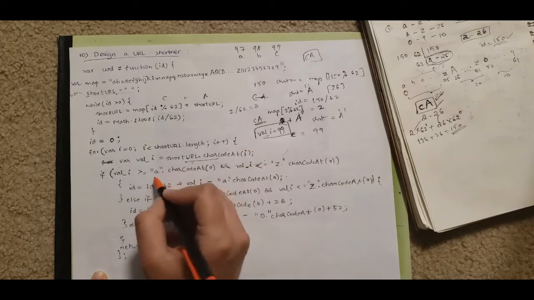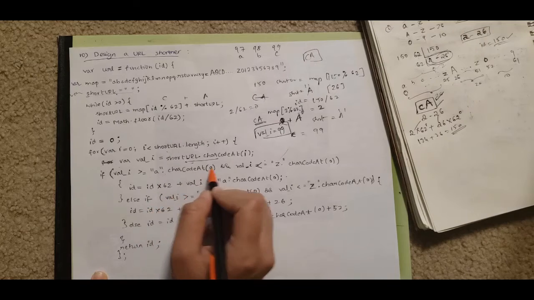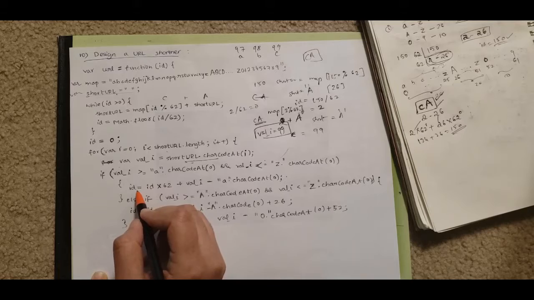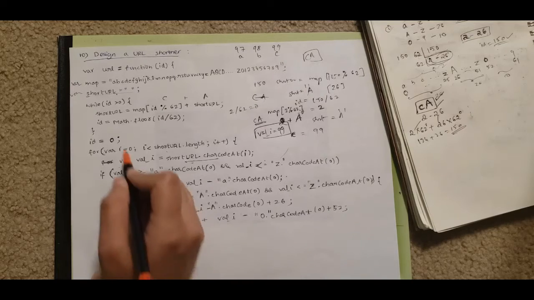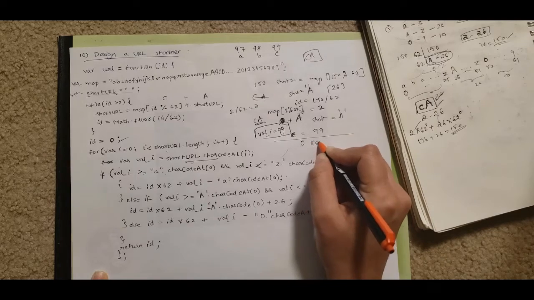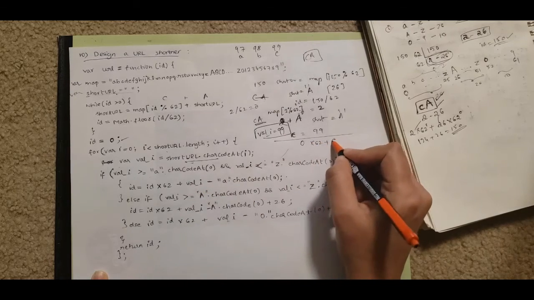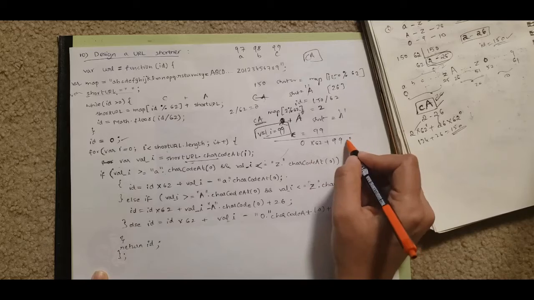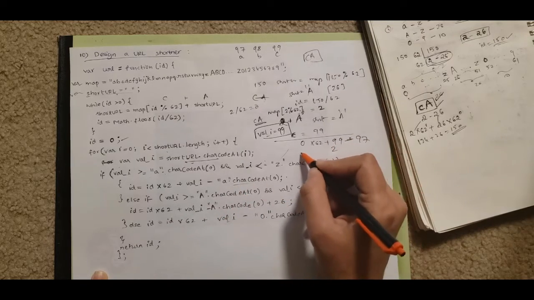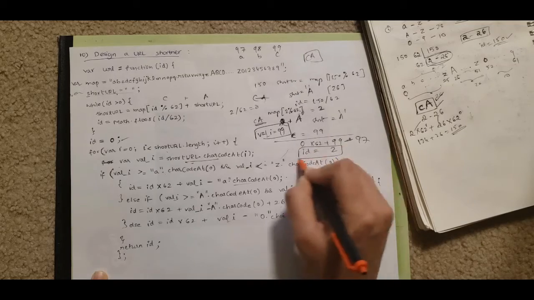Is 99 greater than or equal to 97 and less than or equal to the ASCII value of z? Yes. So it comes inside this. ID is equal to ID into 62, ID is 0. So 0 into 62 plus 99 minus 97, the ASCII value of a. So that is 2. So now ID will have 2.